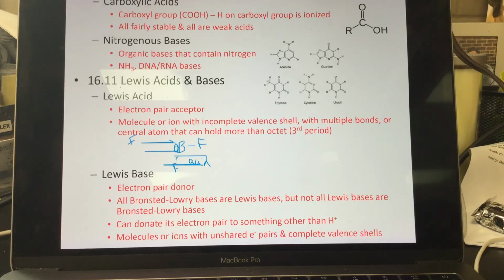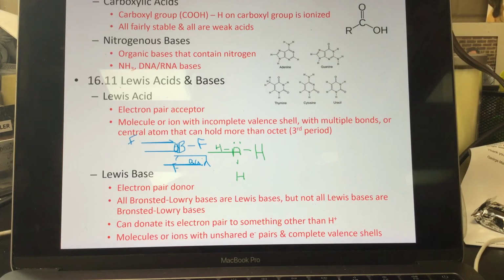So, for example, something like ammonia, NH3. And I find it easier to draw them out. I think it's easier if you draw them out so you can see who does have an unshared pair of electrons. You don't have to draw them out, but I just find it easier to do that.